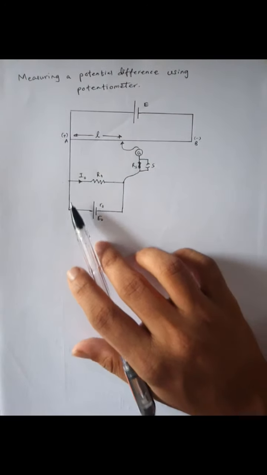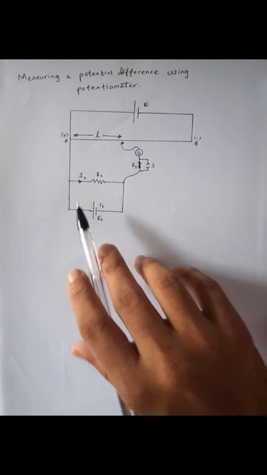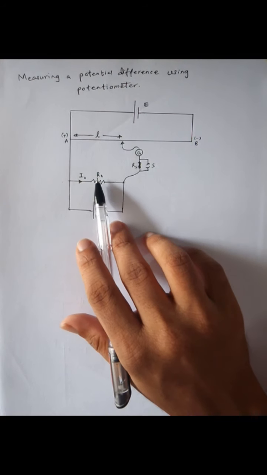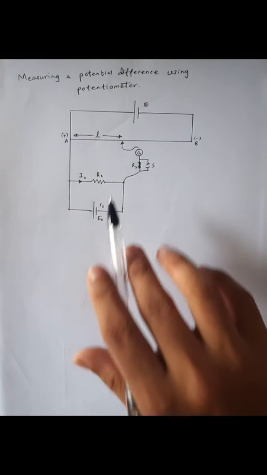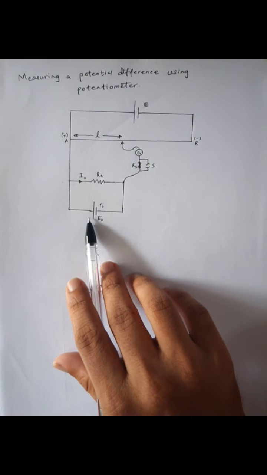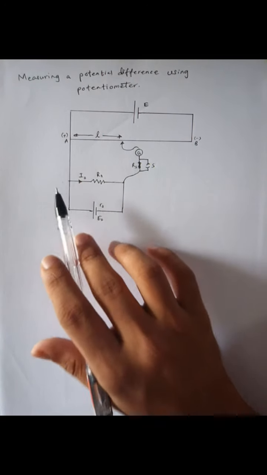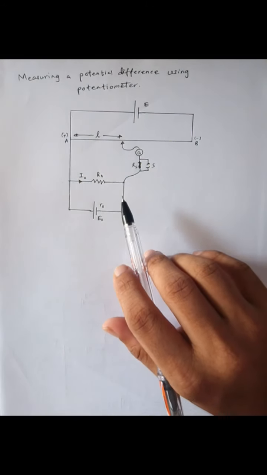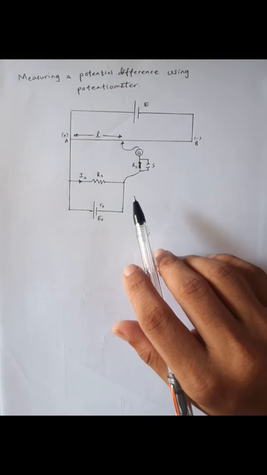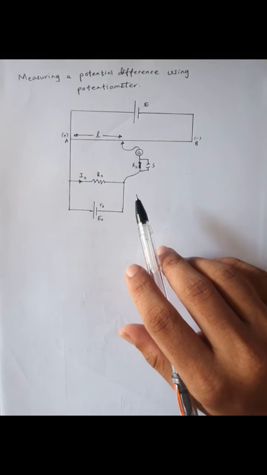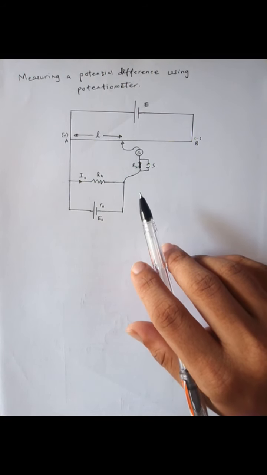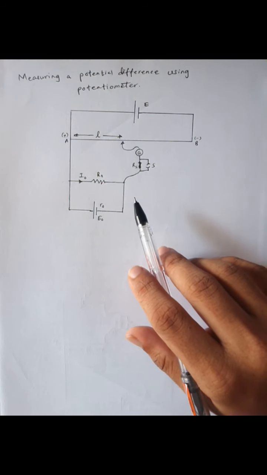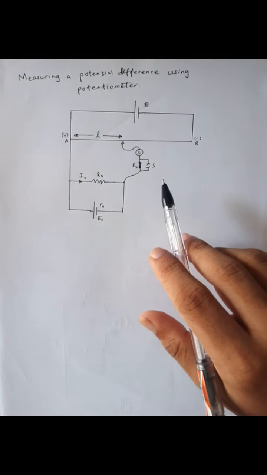Okay, so here's the circuit, and let's say that you want to find the potential difference across this R0 resistor. Notice that I have connected the positive terminal of this battery to the positive side of the potentiometer wire. And there are certain things that you need to follow before taking a reading in any experiment, or any potential difference that you want to find using a potentiometer.